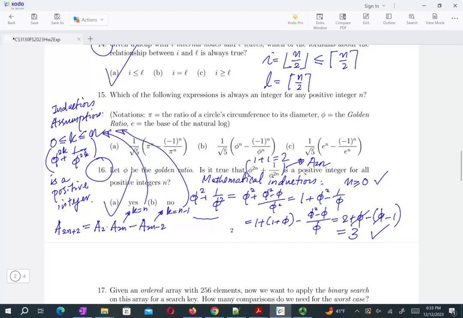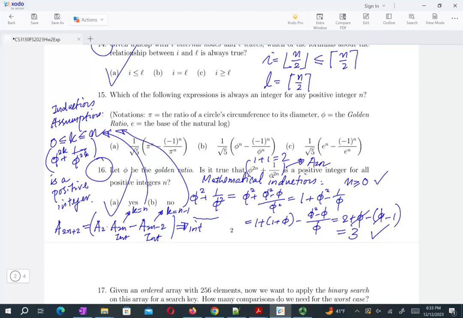That means we can apply the induction assumption and it gives us integers. They're both integers.